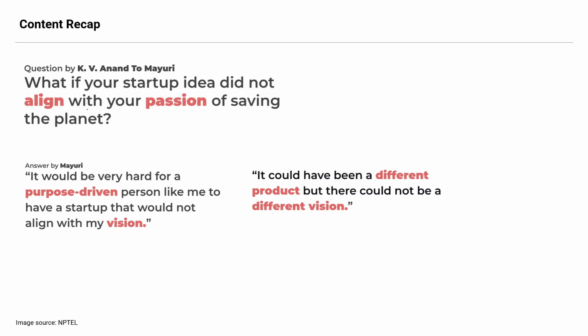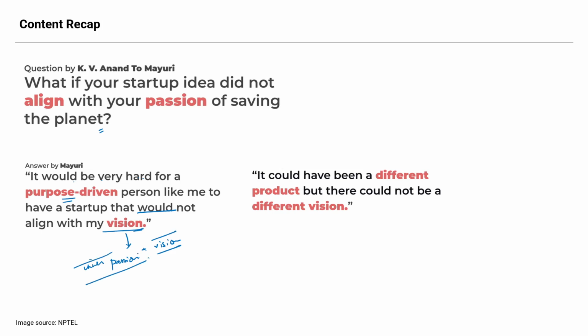What if your startup idea did not align with your passion of saving the planet? It would be very hard for a purpose-driven person like me to have a startup that would not align with my vision. So it's very important that you identify what's your inner passion, right? And your vision, if you're planning to have a startup, these things are very critical. What are you passionate about?